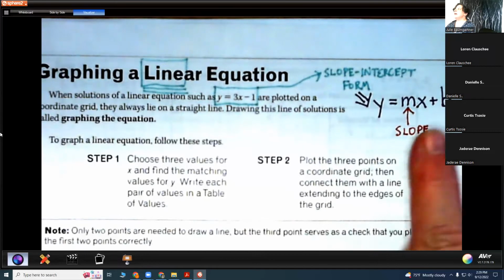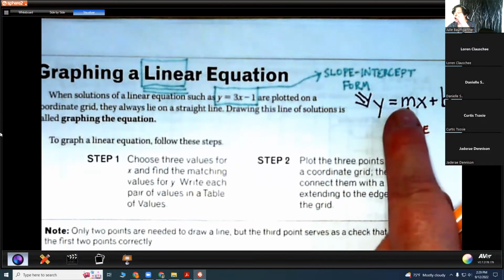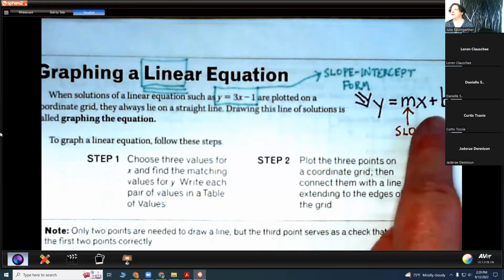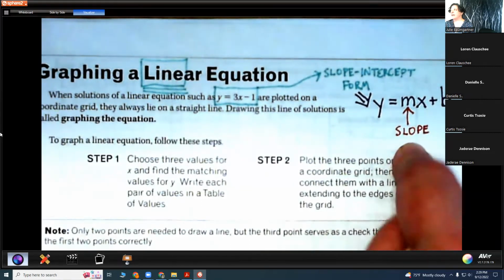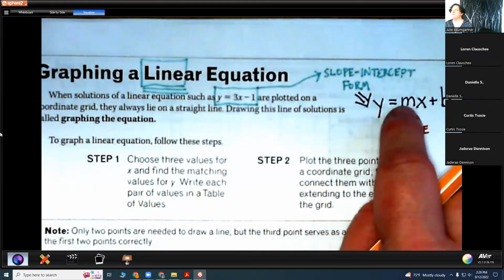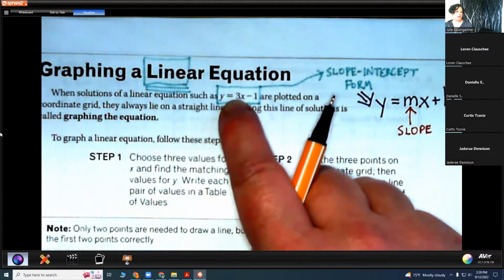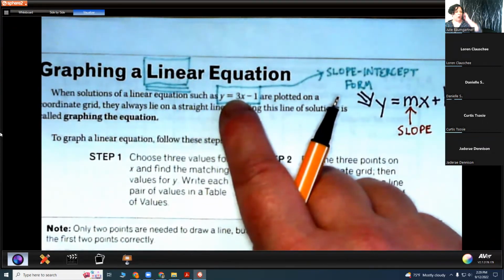So once again, if we don't know the slope, then we have to go to 2 points on our line and calculate that in order to know what value to put in our equation for M. Okay? Does everyone kind of see how?